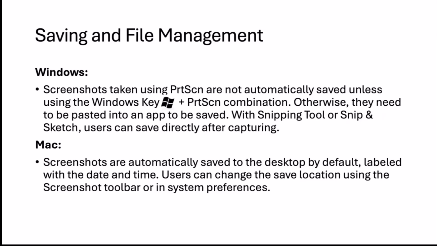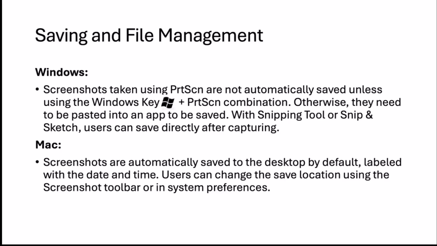There's also saving and file management in both operating systems. In Windows, screenshots taken using Print Screen are not automatically saved unless using the Windows key plus Print Screen combination. Otherwise, they need to be pasted into an app to be saved.